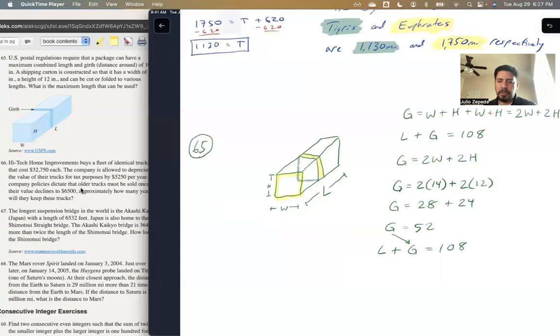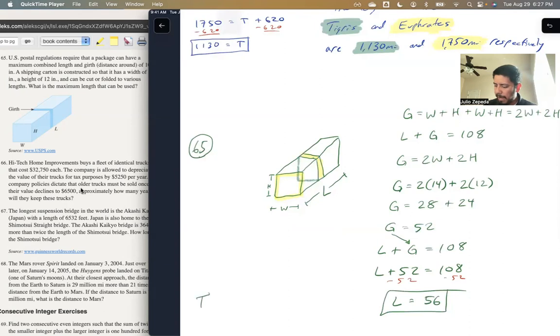This one here is not too bad. Just do substitution. L plus 52 equals 108. We can subtract on both sides. And then L is equal to 56.